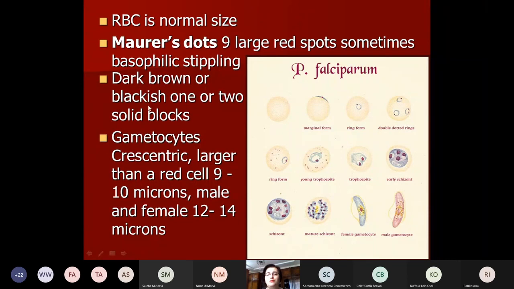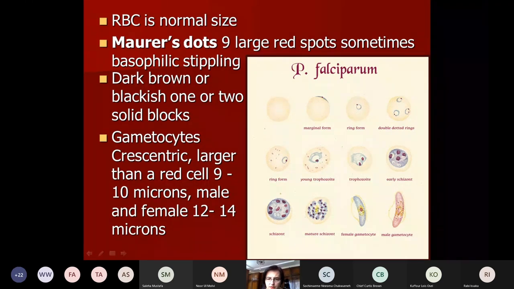Dark brown or blackish, one or two solid blocks. Gametocytes already, here you see the Maurer's dots, yellow.